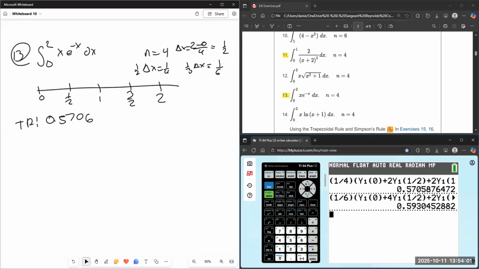Leave that one alone. So Simpson's rule says 0.5930, and the exact value, I'm leaving myself some space here.